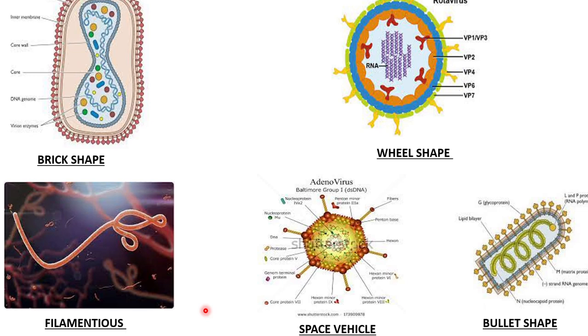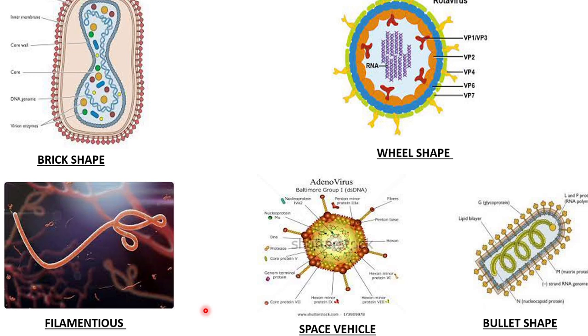If they are non-enveloped, the capsid plays an important role in attaching the virus to the receptors of the host cell. Nucleocapsid has different symmetries: icosahedral symmetry, helical symmetry, and complex symmetry.